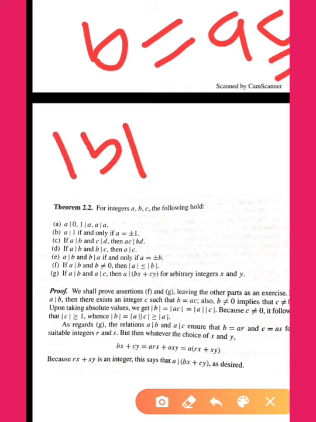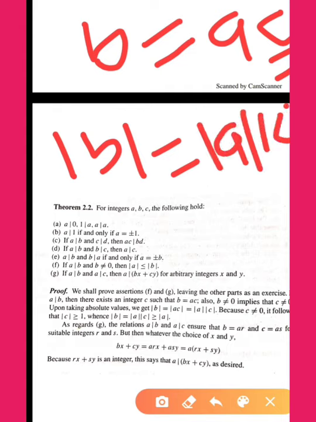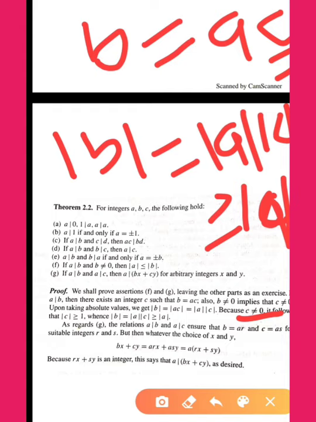Mod b equals mod a times mod c. Now mod a times mod c is greater than or equal to mod a, since mod c is greater than or equal to 1, as c is not equal to 0.